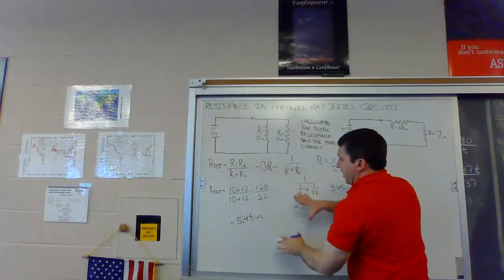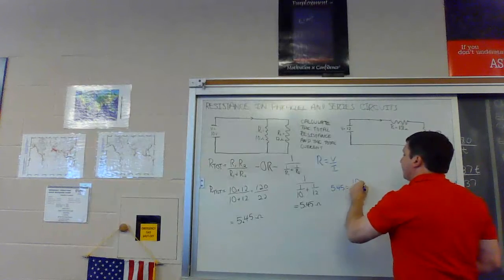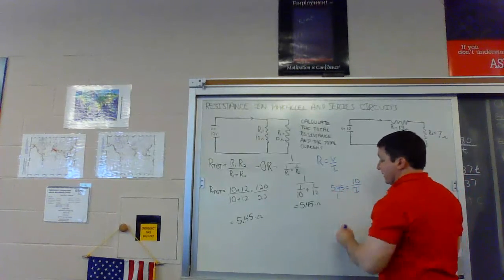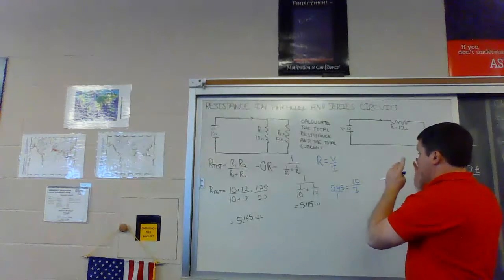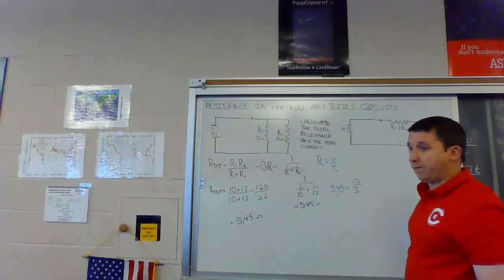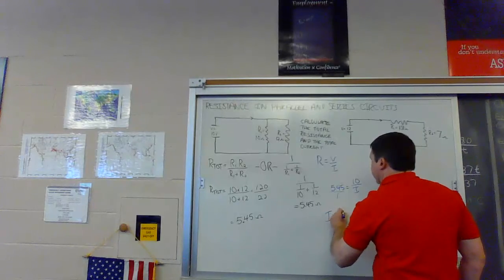We didn't use it through here, but we do need it when calculating Ohm's law. Then, like I said in the previous video, you cross multiply, or you can divide 10 by 5.45. When you do that, I comes out to be 1.83 amps.